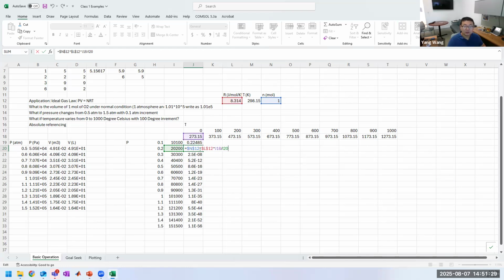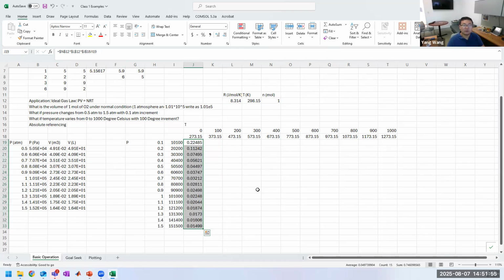That's why for the temperature we also need to add the dollar sign, because we do not want to change the temperature for each column. That should not be changing, and then just drag it over.